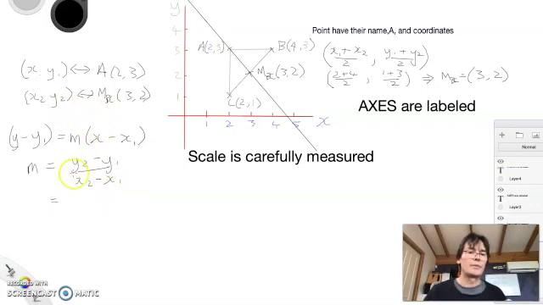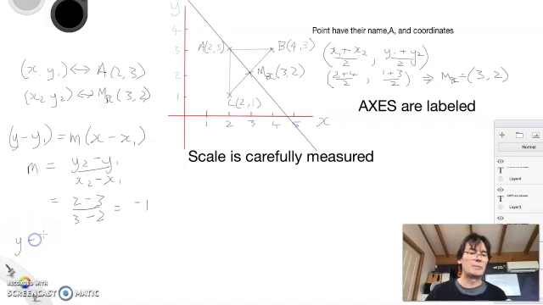So, putting those 4 values in, I get 2 take away 3 over 3 take away 2, and what I get is negative 1 over 1, or just negative 1.